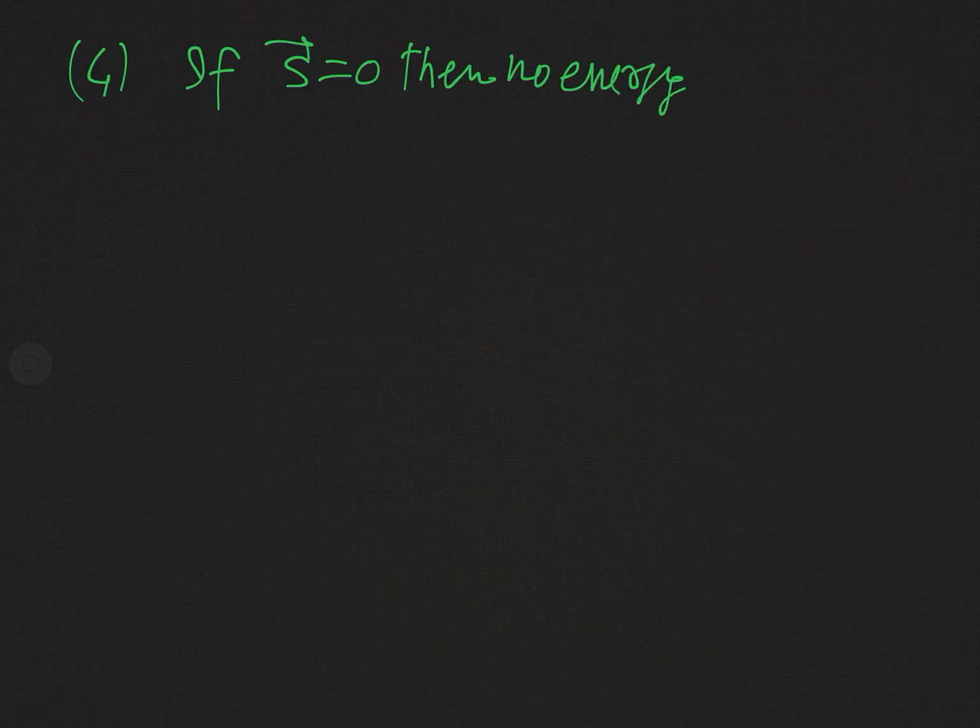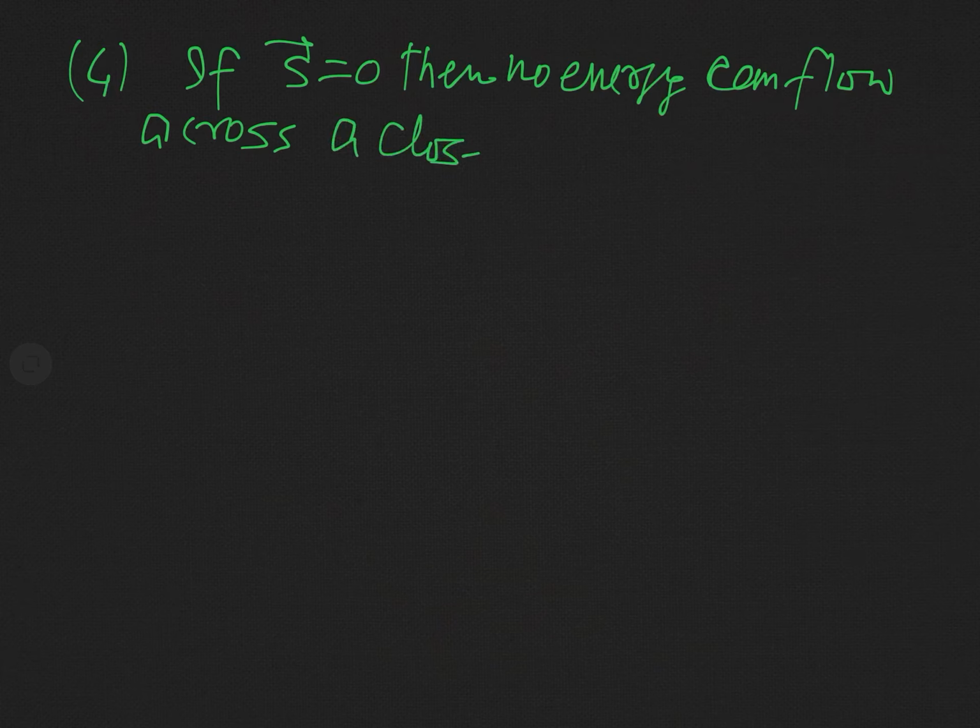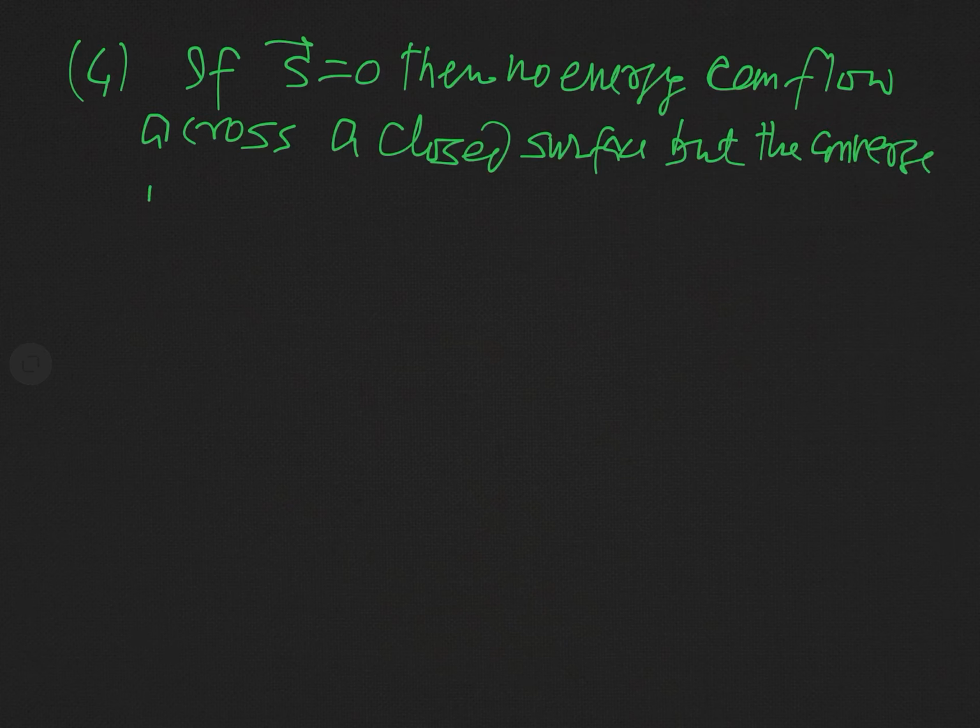So you can say if S equal to 0, Poynting vector is 0, then no electromagnetic energy can flow across a closed surface. But the converse is not true.